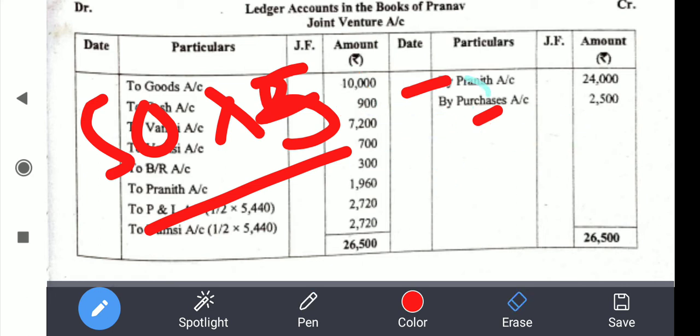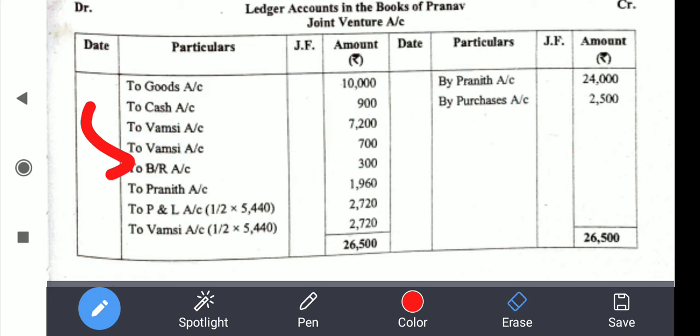Then balancing this account. So on the credit side the total amount is 26,500, but the debit side amount is much less. The difference amount is 5,440. So here 5,440 is divided into two parts because the profit sharing ratio is 50-50 in the absence of any agreement.